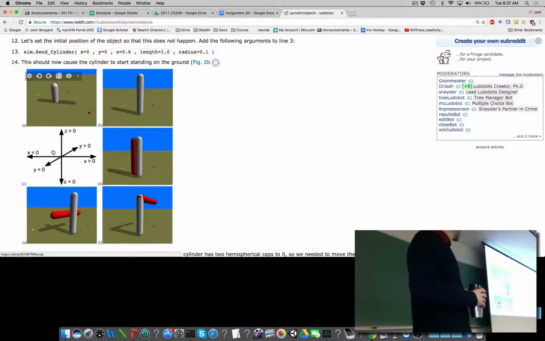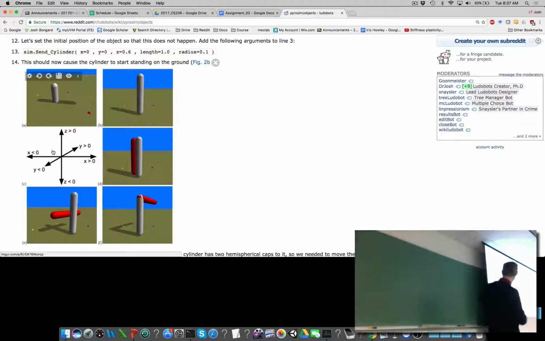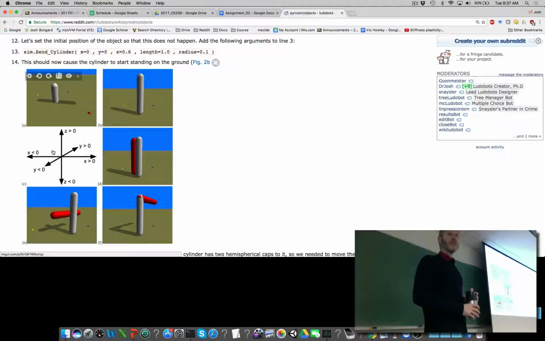What is the orientation of this red cylinder? Parallel to the xy plane. That's correct, right? So it's embedded along this vector, so it's embedded in the xy plane. So z equals 0? Z equals 0, that's one way to do it.